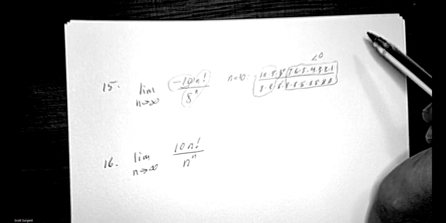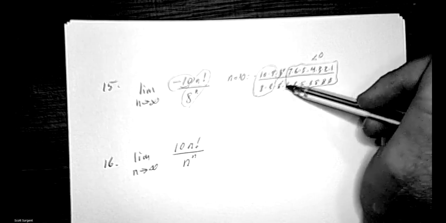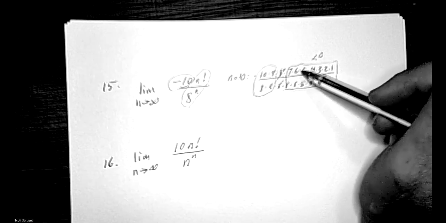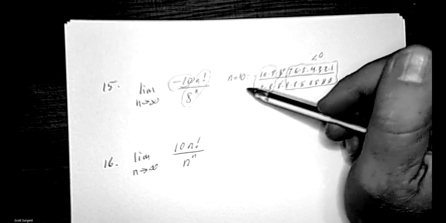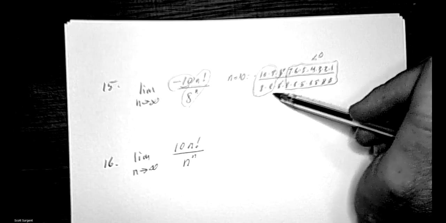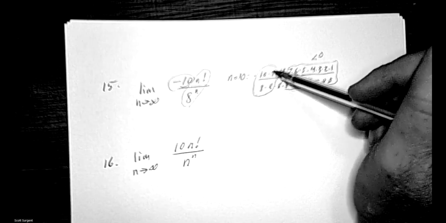The way I would argue this is that what I circled on the right will stay fixed. It's not going to change. These eights don't do anything. And as soon as n hits 9 and onward, you're going to get progressively bigger values, multiplying by 9 over 8.